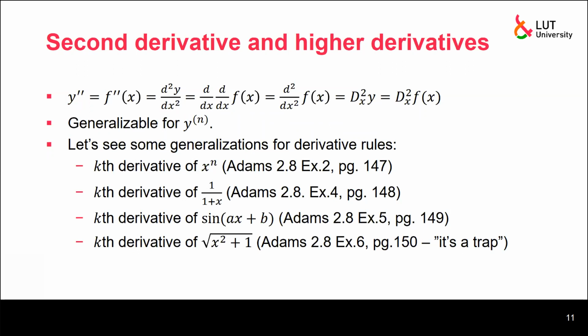But the important part: if you see a superscript in parentheses, this means that it's the nth derivative. It's not a power, so that's how we differentiate it in notation from powers.